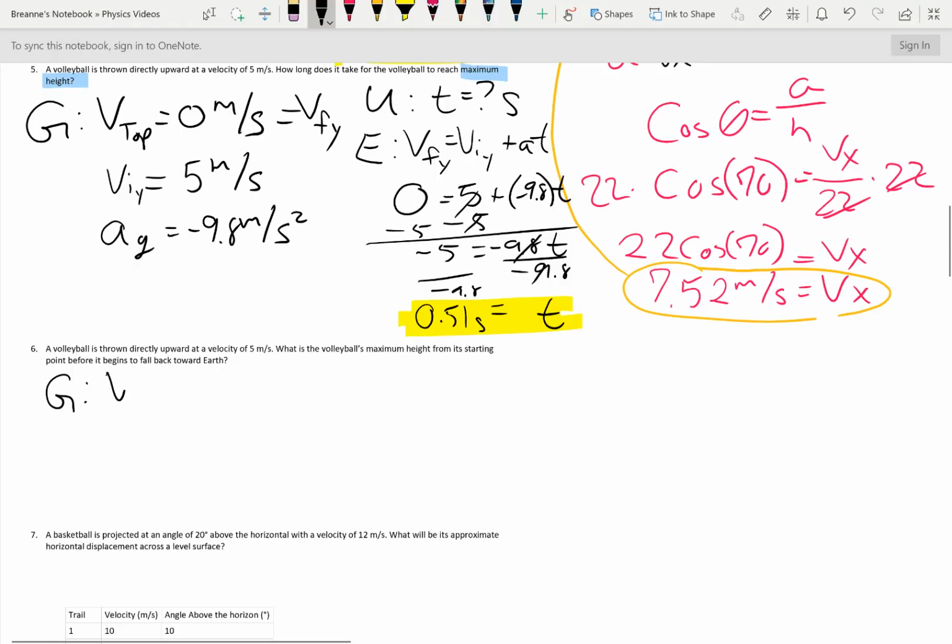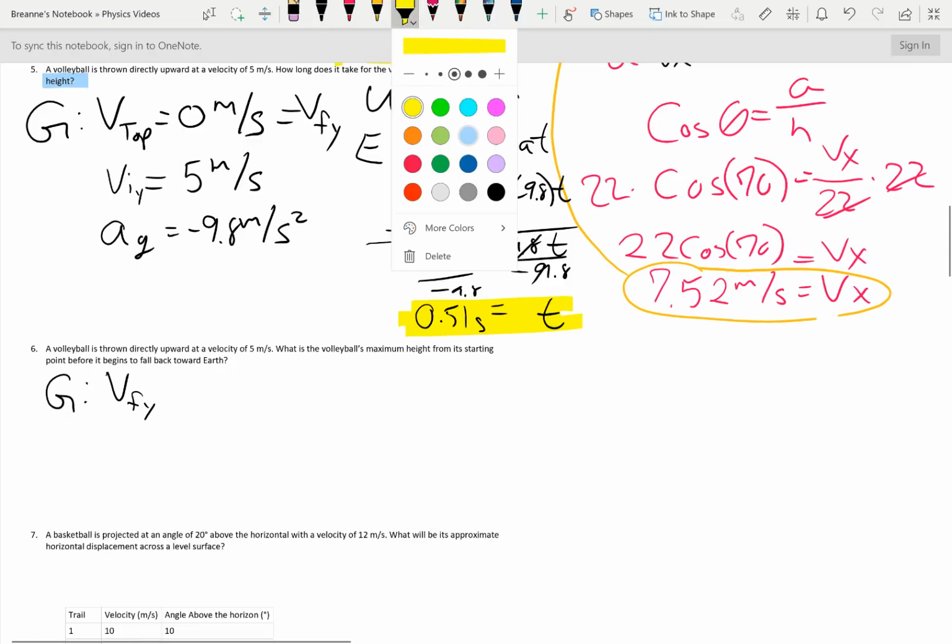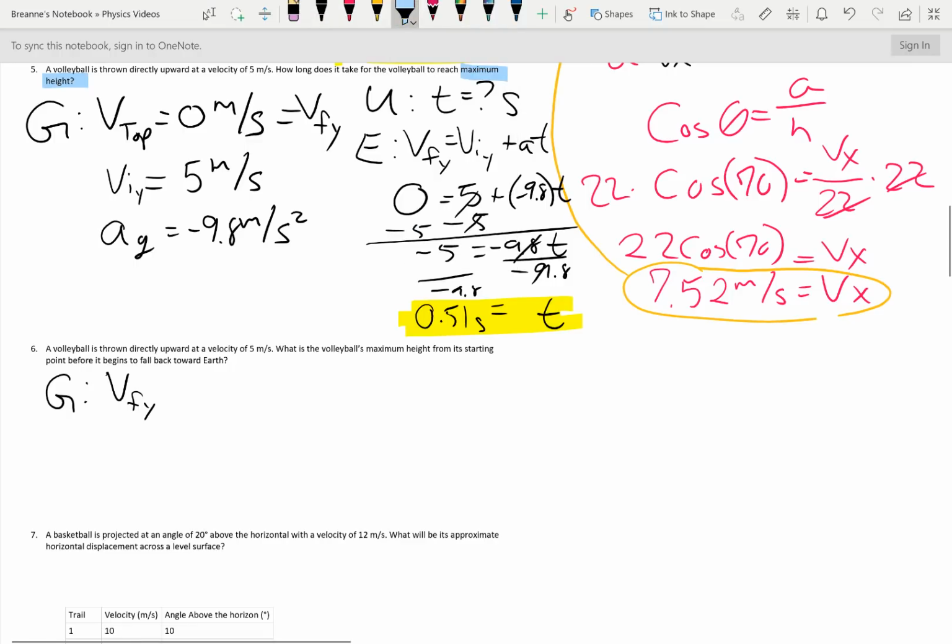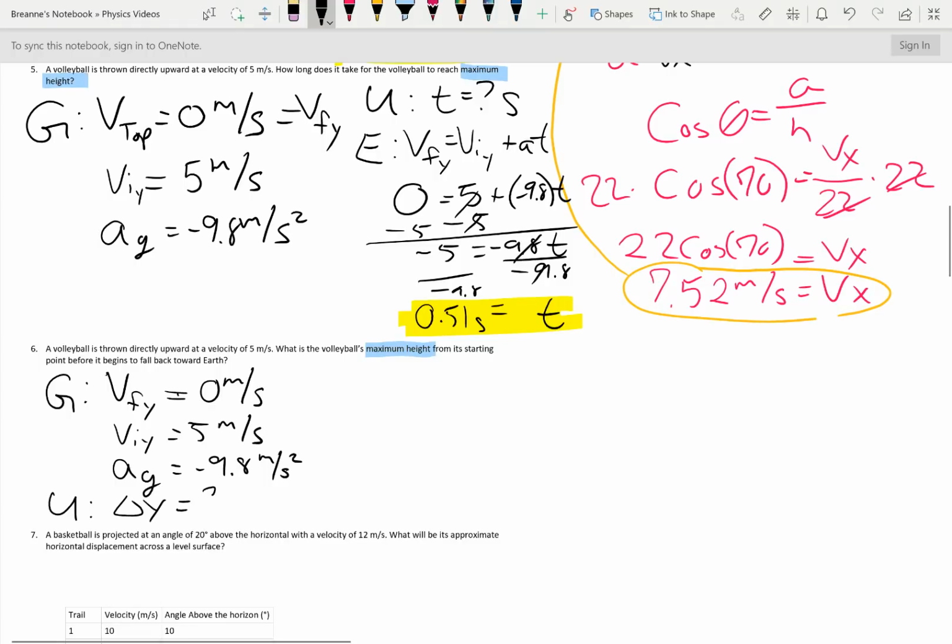Since we're dealing with maximum height, our final velocity is just going to be velocity at the top, which is 0. Our initial velocity is still 5 meters per second. We have acceleration. So our unknown is maximum height, so it's our delta y.